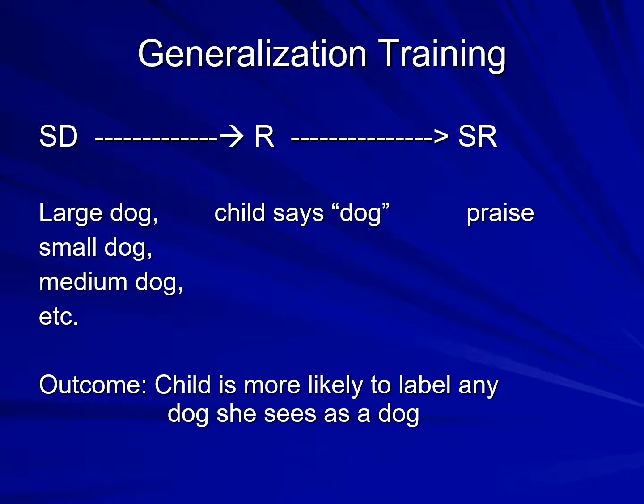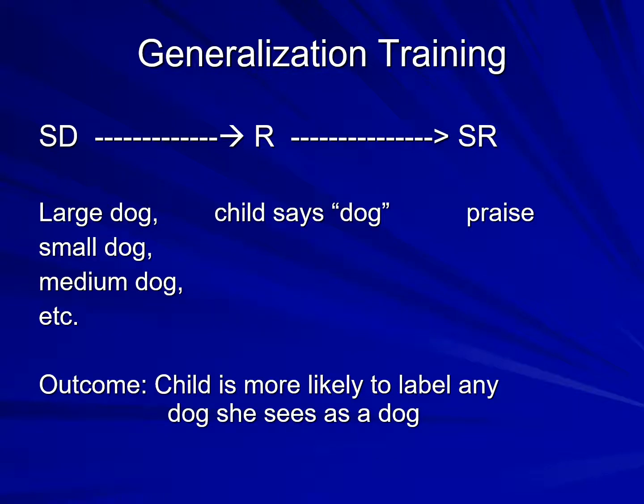So this is an example of generalization training. So for SD, we need to have a range of examples that cover the range that exists for whatever the concept is. So in the case of dogs, we need dogs of different sizes. We need dogs with different hair length. We need dogs that have different body shapes. A pug has a very different body shape than a Saluki.